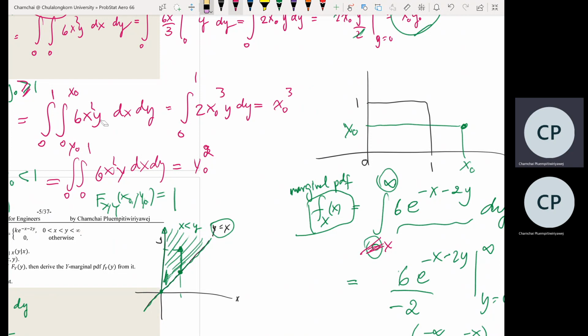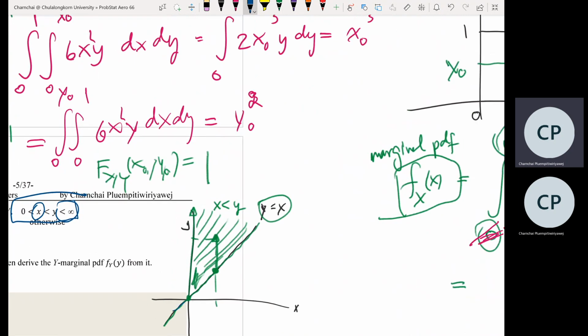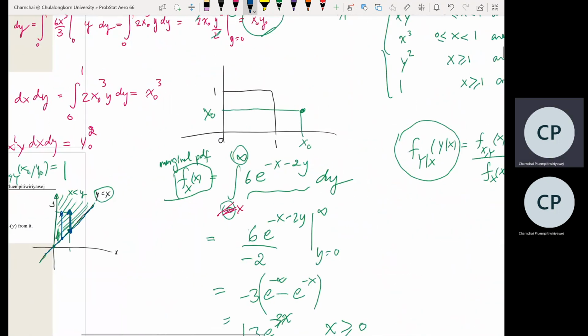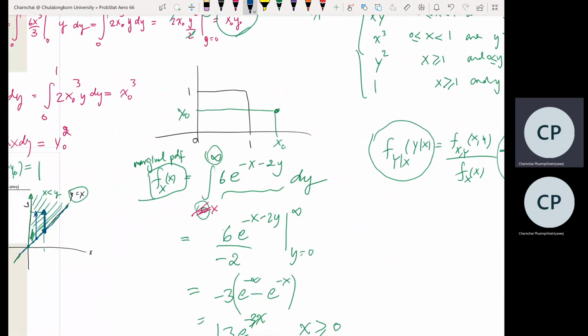Okay, here y is from x to infinity, and here from the graph you see y from x to infinity, so it's going to be from x to infinity.